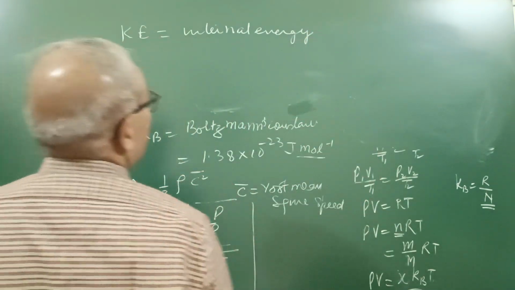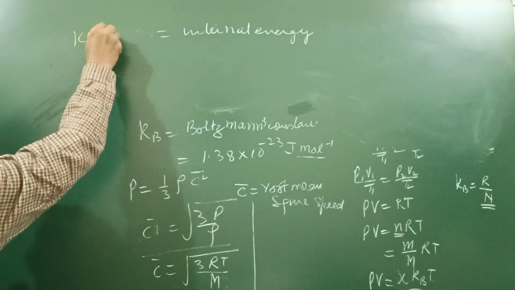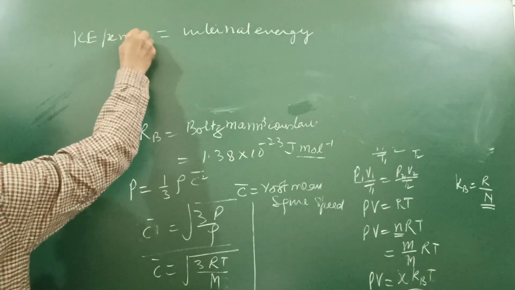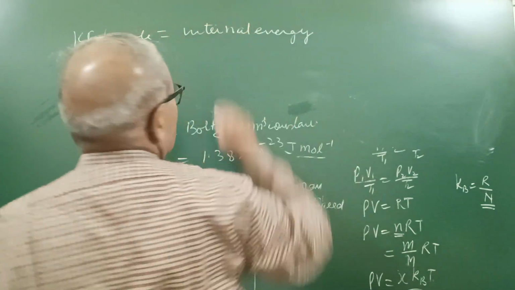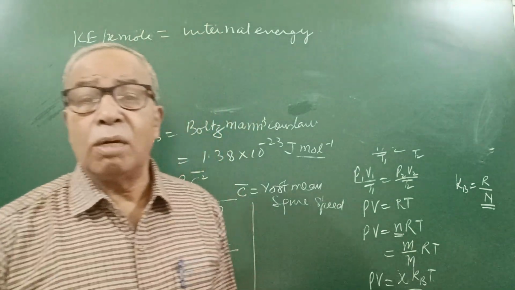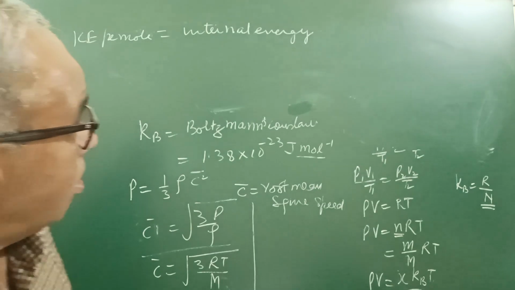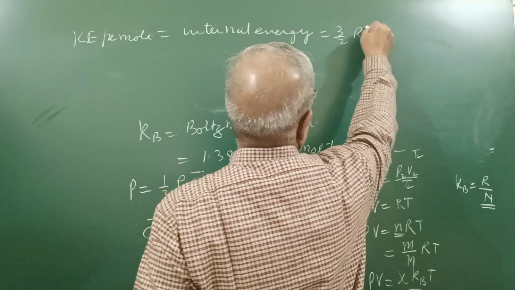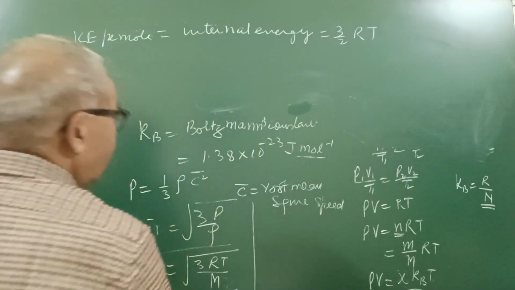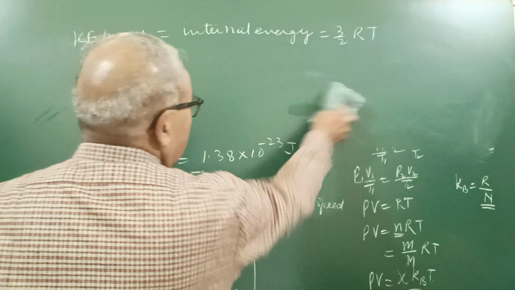Kinetic energy per mole is also the internal energy, because internal energy is the sum of kinetic energy of molecules, and we have proved it equal to 3/2 RT. Using this concept, we have derived it.